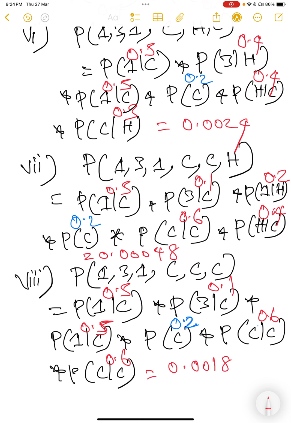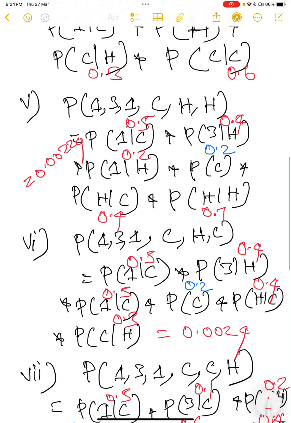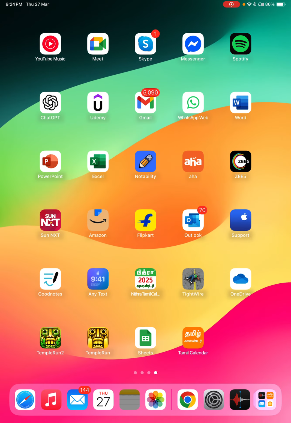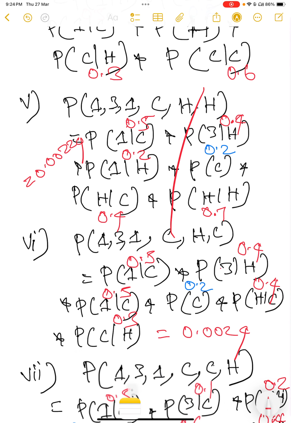So we got the values. Having got these values, which is maximum among these? 0.0018 won't be it. 0.0024 is greater than 0.0018, so it has higher probability. But this is 0.0020, so it also doesn't have. Wait a minute, what will be the higher probability?